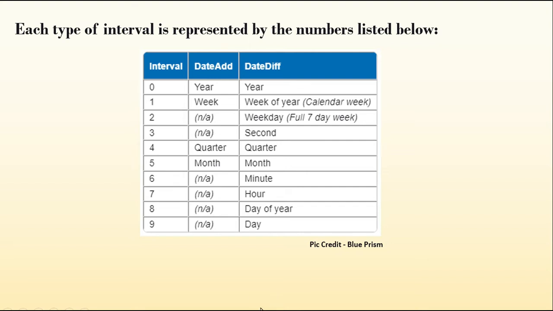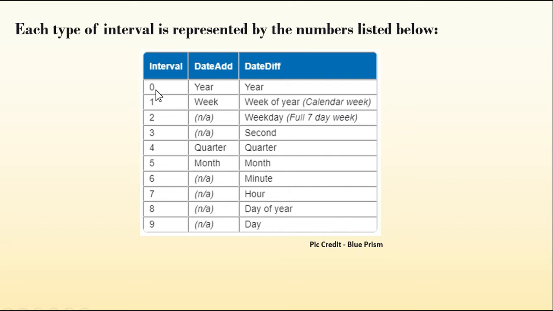So if you want to add 1 year to your date, you can use this DateAdd function with the interval 0. If you want to add 1 week to your date, you can use interval number 1.